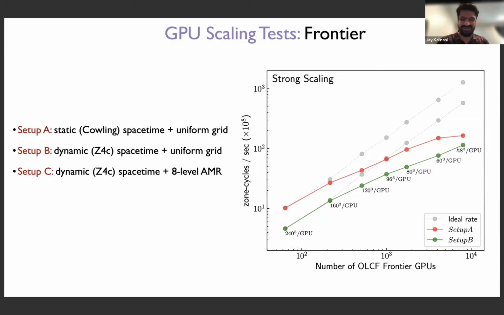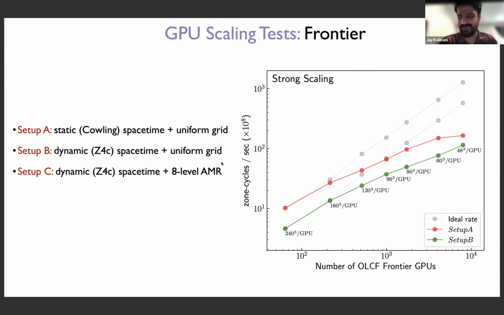Yes, a good question. So this is essentially a TOV, and there are three different setups. One is without evolving spacetime, and this is only a uniform grid, so there is no AMR. Then there is setup B, where you also evolve the spacetime with the hydro evolution of the TOV, again on the uniform grid. And then there is setup C, where you evolve the spacetime and there are 8 levels of AMR involved.